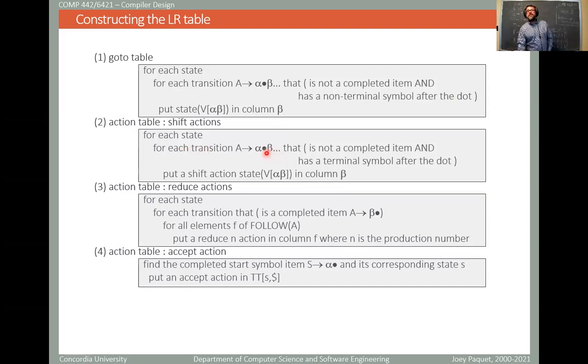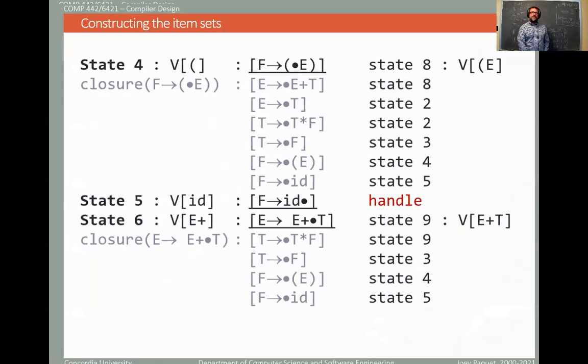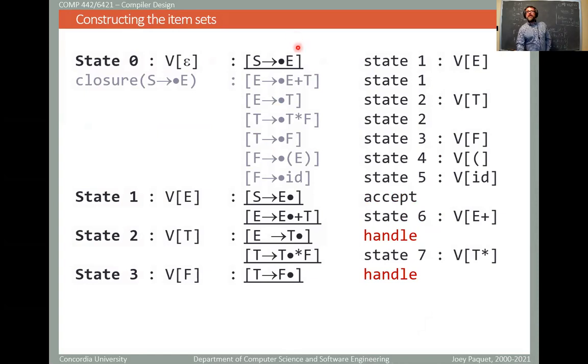So for each of these items, which are not completed items and have a terminal symbol after the dot, you will add shift to the state goto of alpha beta in the action table, from this state. So we basically go over all the item sets of all the states. The pattern we're trying to find is non-completed items that have a terminal symbol after the dot.